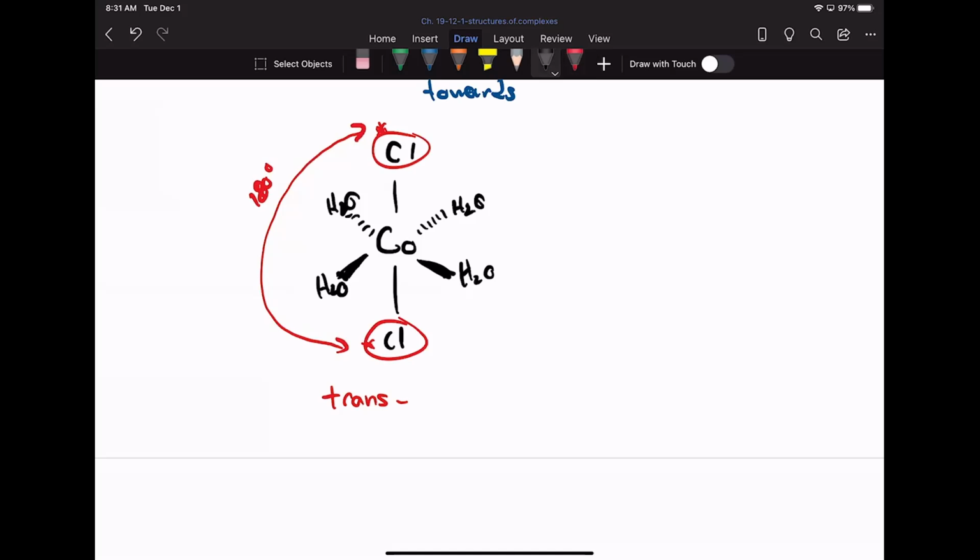Then if I were to draw another structure here, how about we move one of the chlorines and we'll put one of the chlorines here instead.